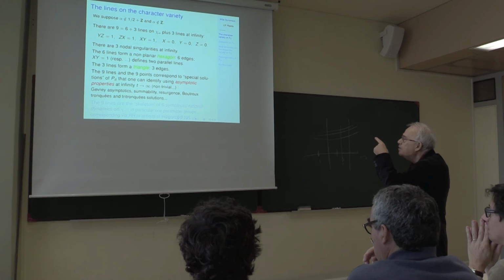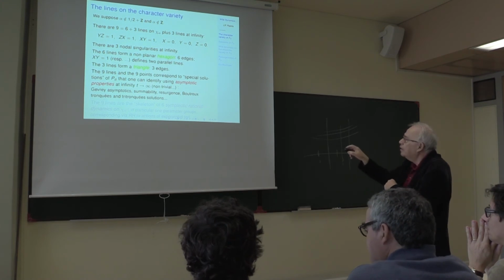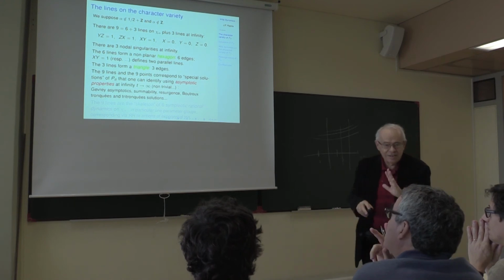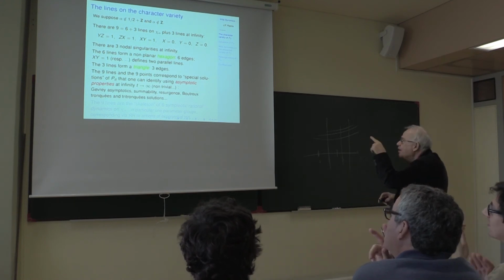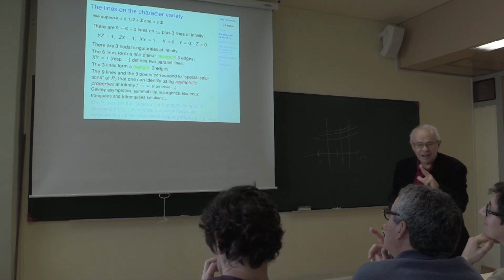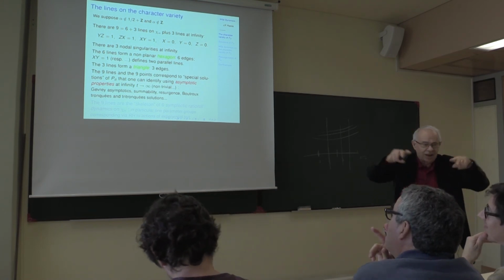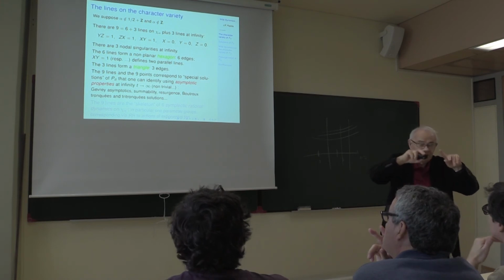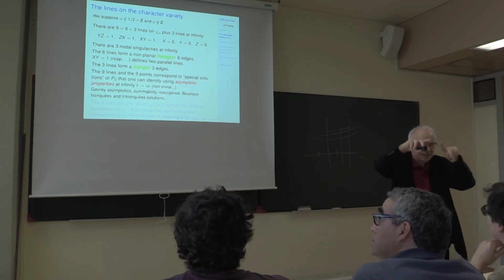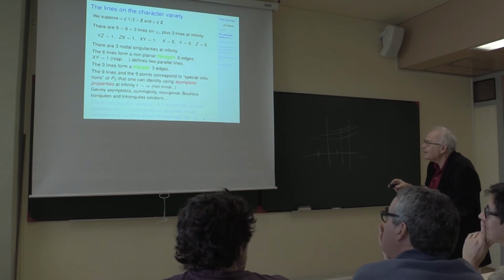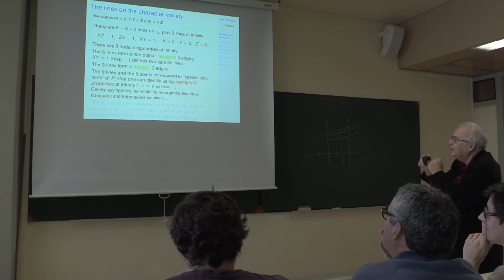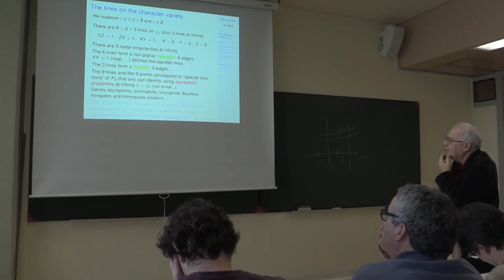And then x, z equal 1 and so on gives you 6 lines, and the other x equals 0 and so on give you 3 lines. So the lines divide into 2 parts: the first part is a non-planar hexagon, and you also have a triangle.